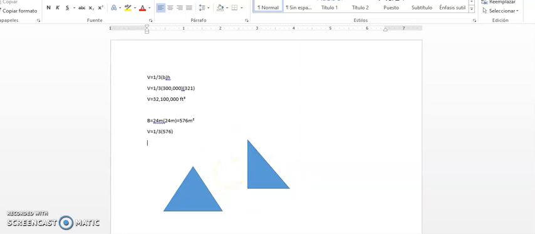Now, the height will be the hypotenuse to the second power, minus the side that is here. The whole distance is 24, so half will be 12. Minus 12 to the second power. Then we have to take the square root. Remember, it's not 13 minus 12.